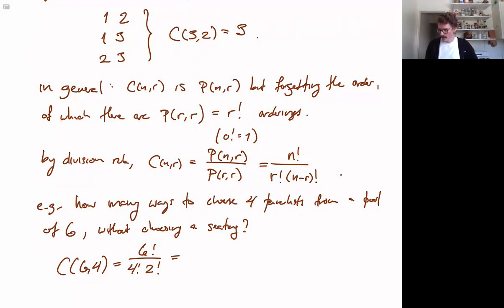So in this case, since 4 is bigger than 2, I'm going to cancel this 4 factorial with this 6 factorial from the 4 down. So I get on the top 6 times 5, and on the bottom, the 2 factorial is the part that's left. So it's just 2. So this is 15 different ways.